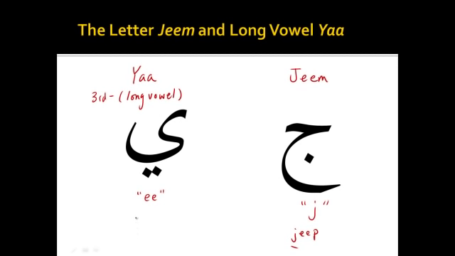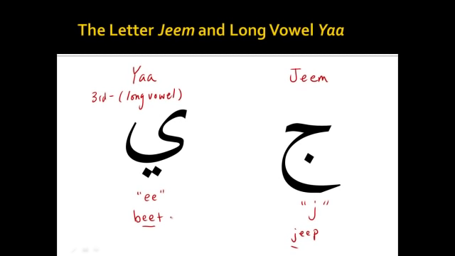So, for example, if we have beat, as in eat your beets, here the double E is like the long vowel Ya. However, the long vowel Ya is longer than the double E.